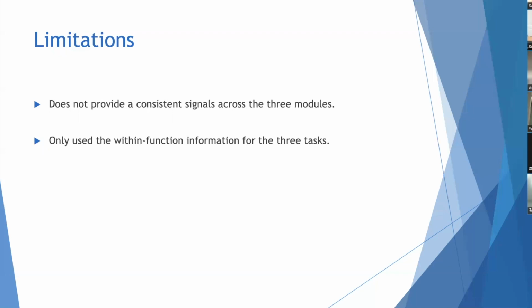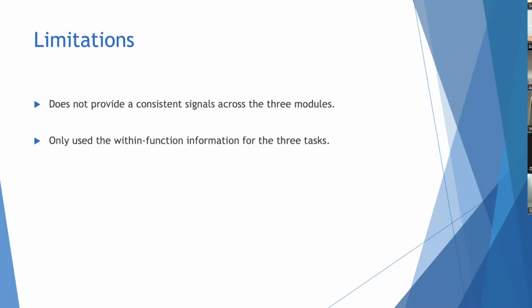The second limitation is that it only used within-function information for the three tasks. But as you know, functions can get information from function calls in other functions. So this function information was supposed to be used as additional information rather than the main information.